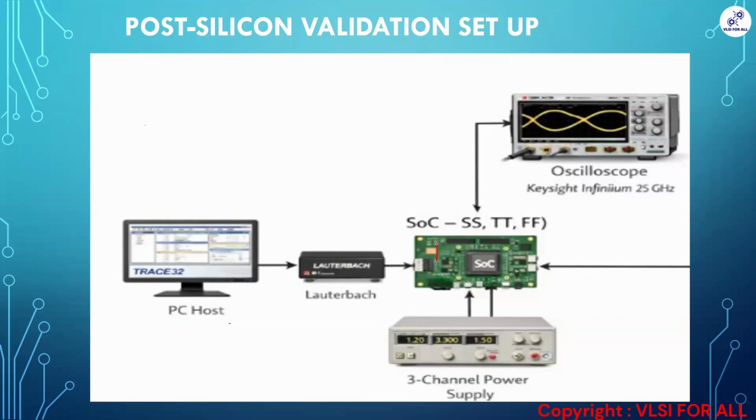SGMII and Aurora both will have a bullseye port here with 8 pins. Those 8 pins will have TXP, TXN, RXP, RXN. USB also will have the same pins.